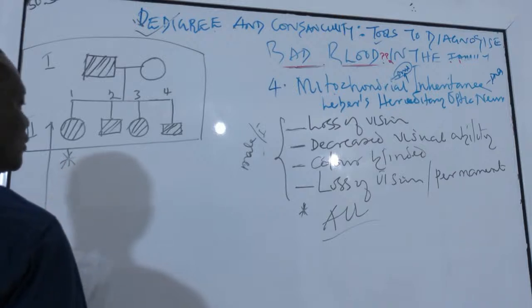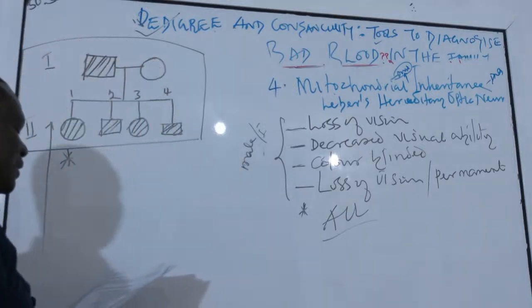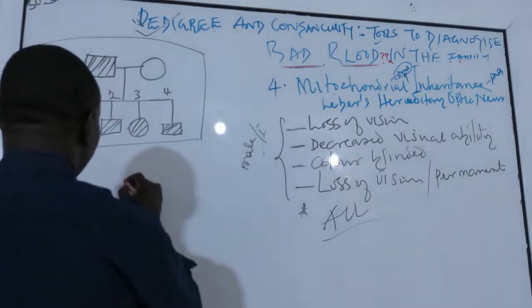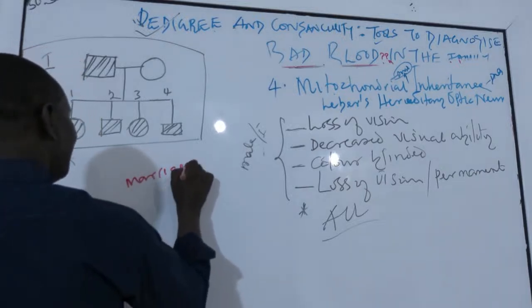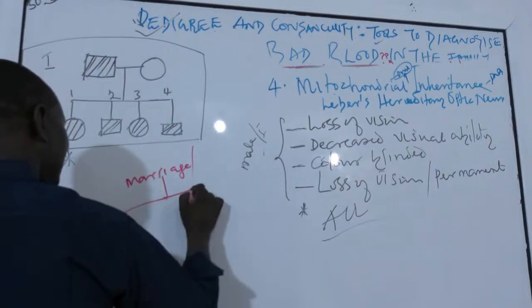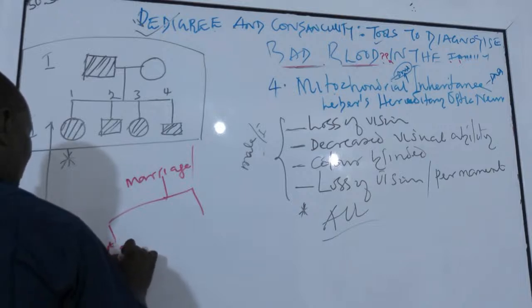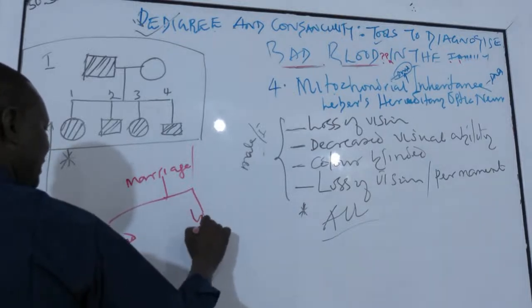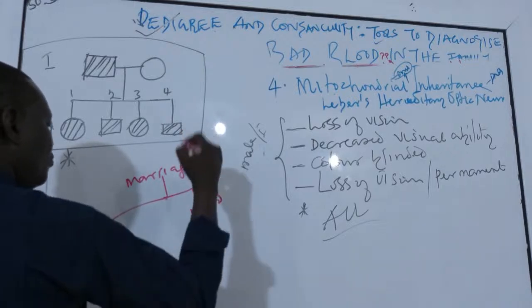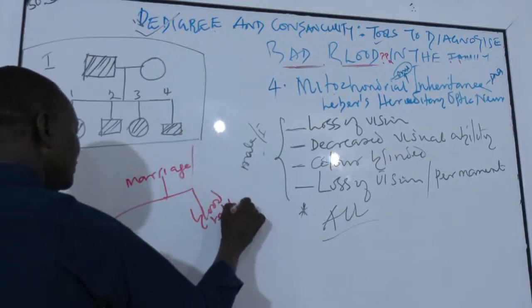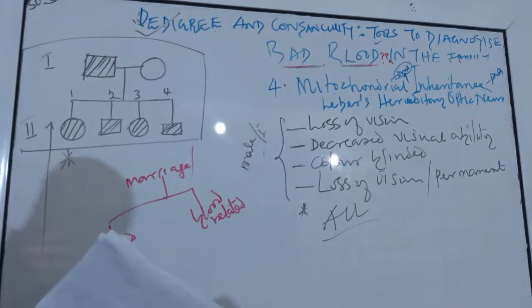I told you that consanguinity is a marriage practice that encourages intermarriage between first cousins or second cousins, or marriage between blood related individuals, or individuals with common ancestors.